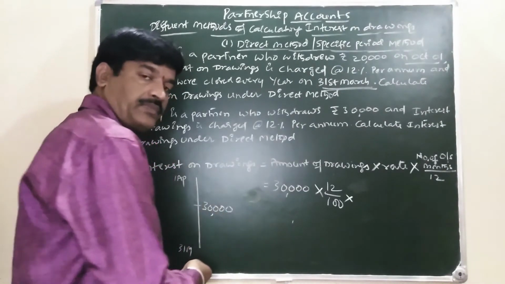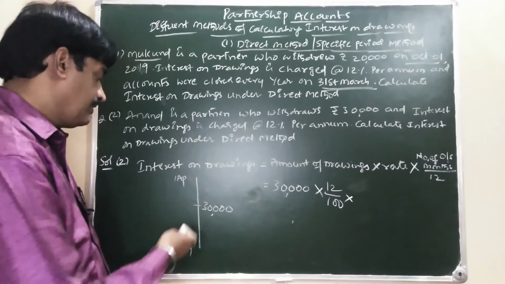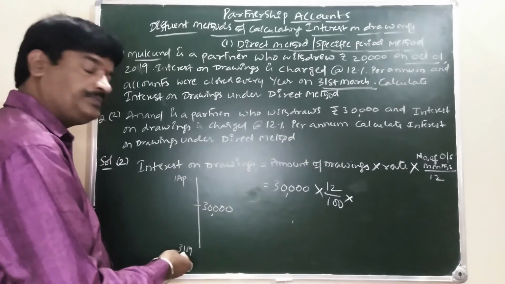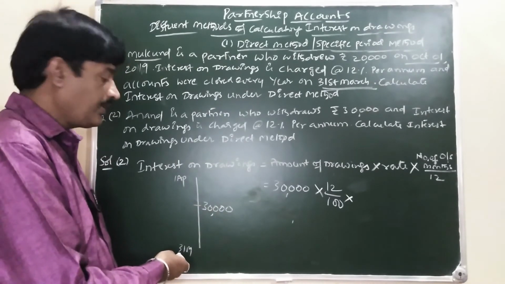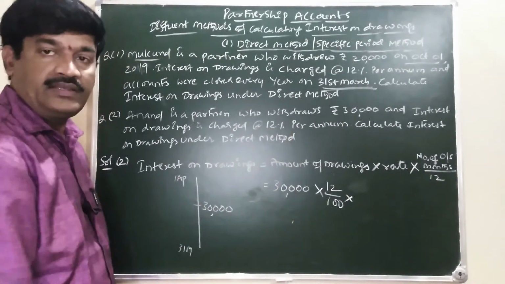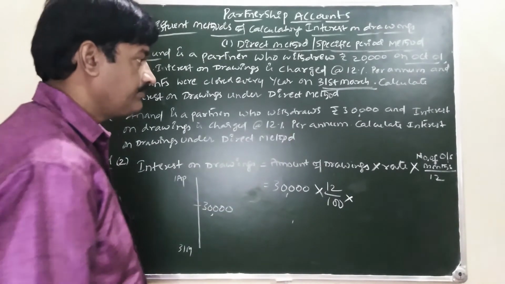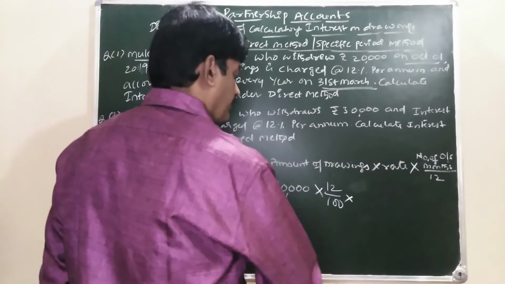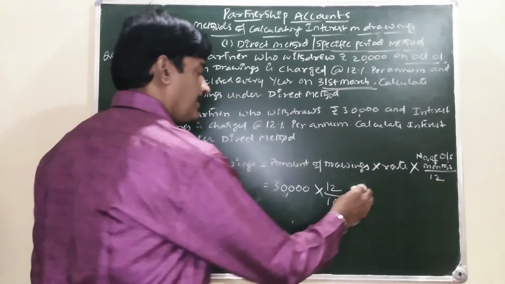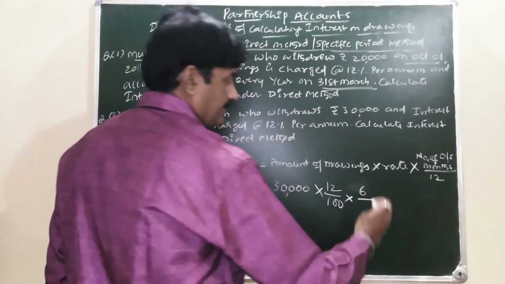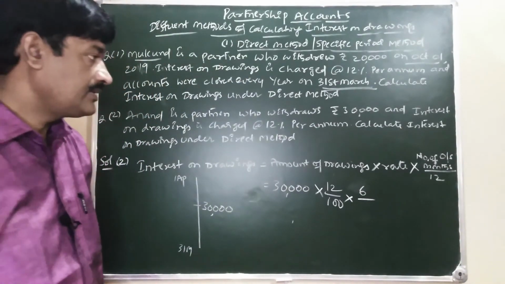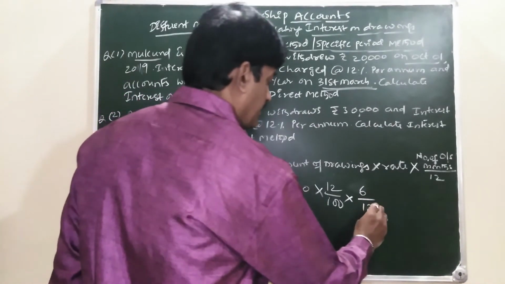Date is not given, so it is not possible to calculate from the date of withdrawal to the closing date of accounting period. We are taking the average months of that particular accounting period. Average is 6 months divided by what? Divided by 12.